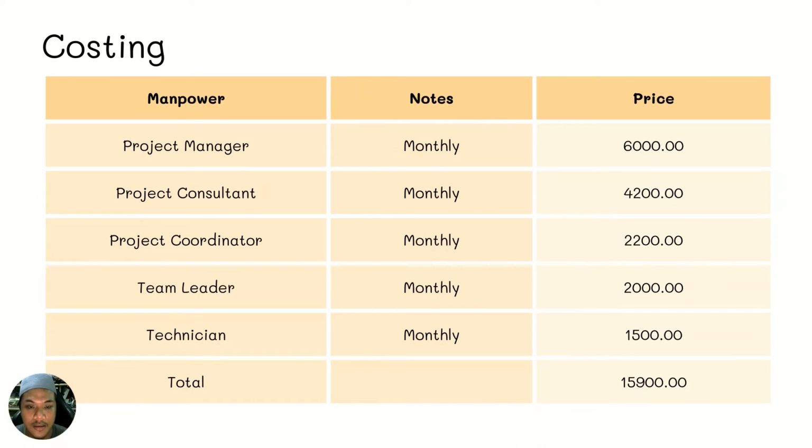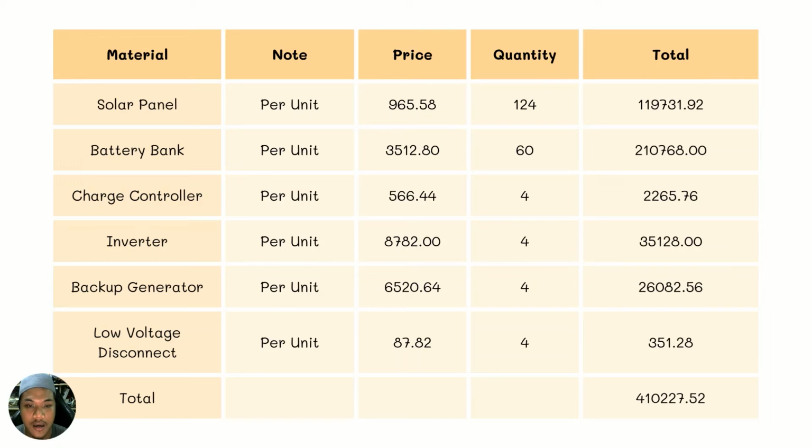This is the monthly salary: for project manager, 6,000 ringgit; project consultant, 4,200 ringgit; project coordinator, 2,200 ringgit; team leader, 2,000 ringgit; and technician, 1,500 ringgit. The total for 1 month is 15,900 ringgit.